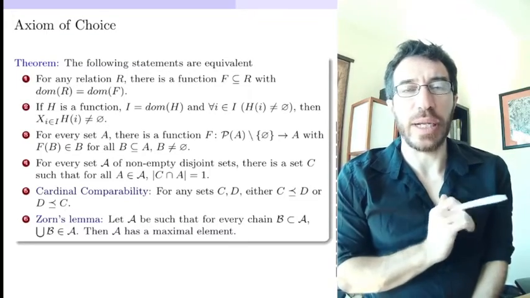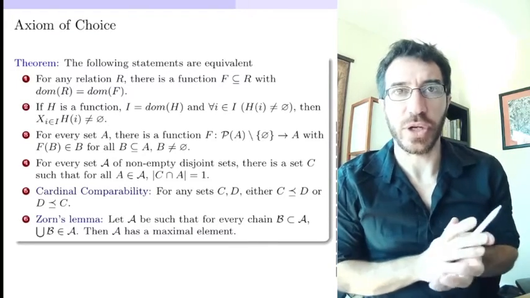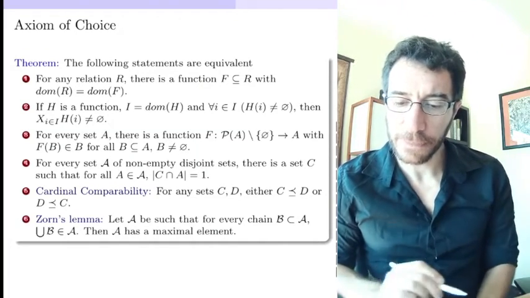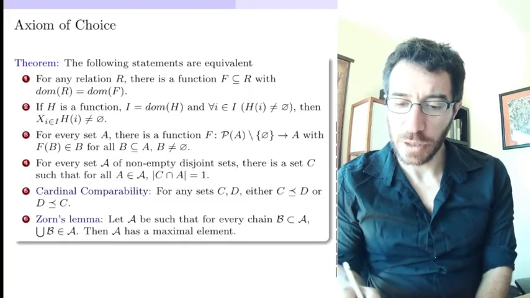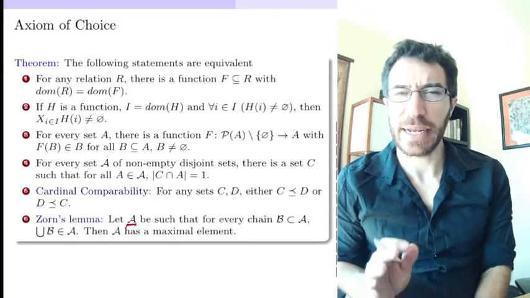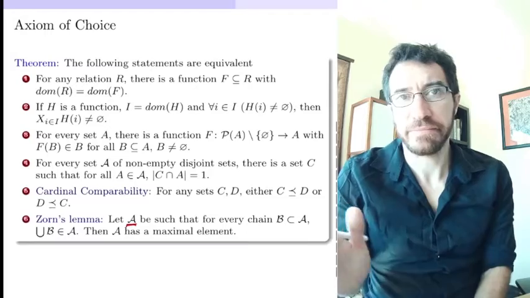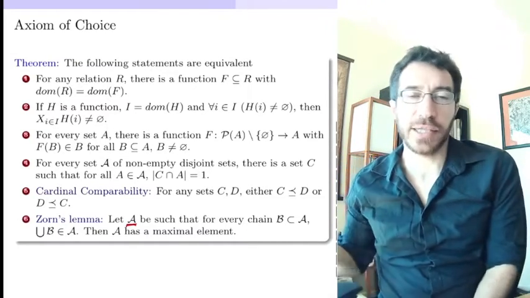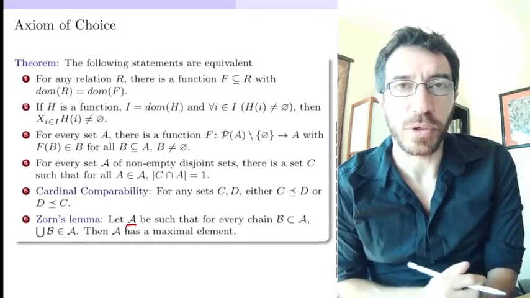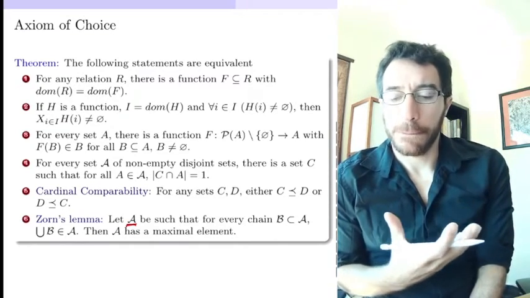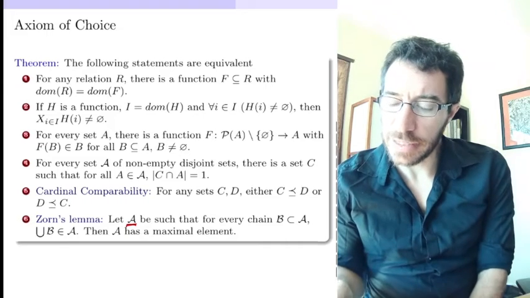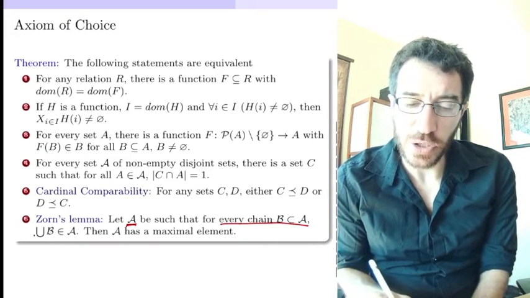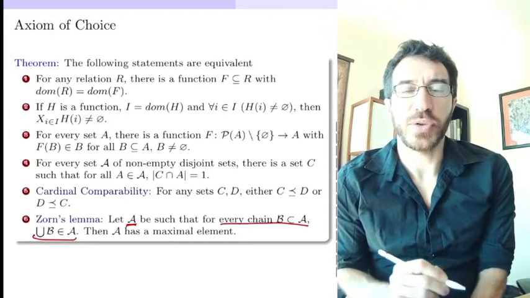And the last is Zorn's lemma, that we also saw last week. It says that if you are given a collection of sets, and by that I mean just a set of sets, and by that I mean a set, because everything is a set in our world of set theory, and it satisfies the property that whenever you have a chain included in it, the union of the chain also belongs to the collection.